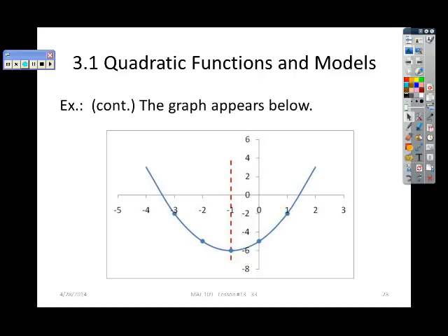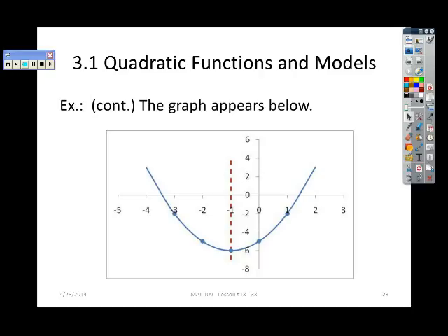All I have to do is take the y position and then, where I move to the right this distance, I move to the left that distance. This is at -1. So this is 1 unit to the right, this is 1 unit to the left. This is 2 units to the right, this is 2 units to the left, by symmetry.